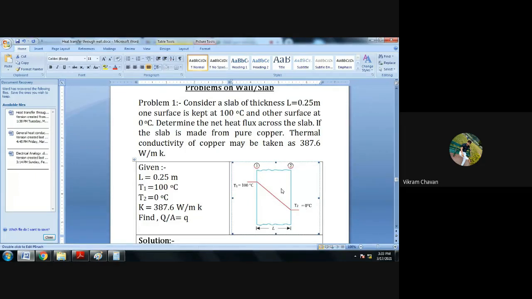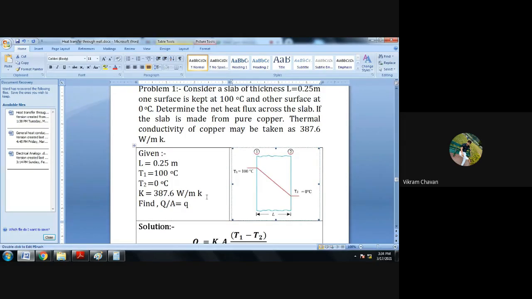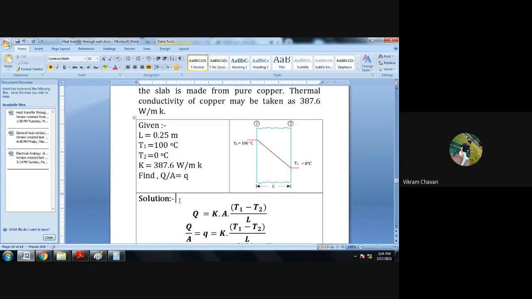Locate those temperatures and draw this simple one-dimensional diagram for the wall.